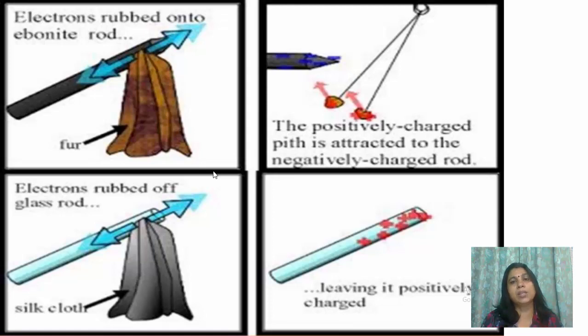In the second case, the positively charged plate is attracted to the negatively charged rod because unlike charges attract each other. In the third case, electrons are rubbed off the glass rod. That is, the glass rod is rubbed against a silk cloth, and the silk cloth gets the negative charge, leaving the glass rod positively charged.